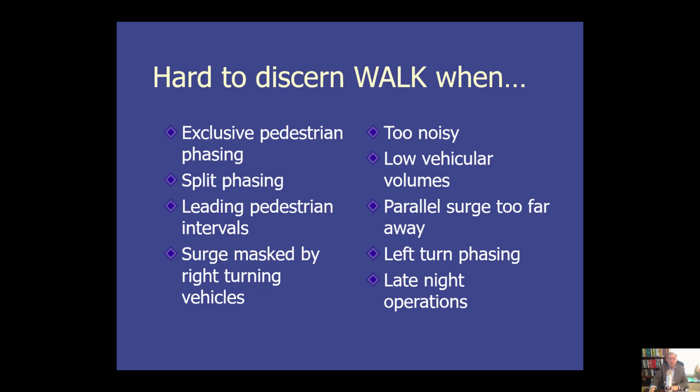If there's an exclusive pedestrian phasing approach, if there's split phasing, if there's a leading pedestrian interval phasing, if the surge is masked by right turn on red vehicles, if the environment's too noisy, if there aren't enough traffic surge cars, if the surge is too far away, if there's a left turning phase, and during late night operations, a lot of this may change. All of these things cause problems.